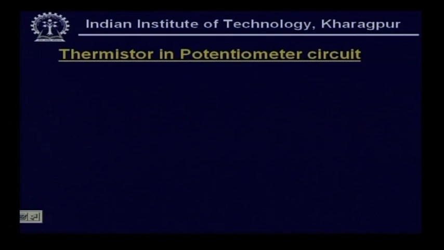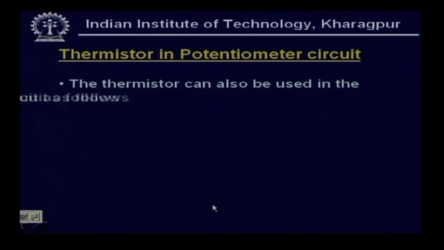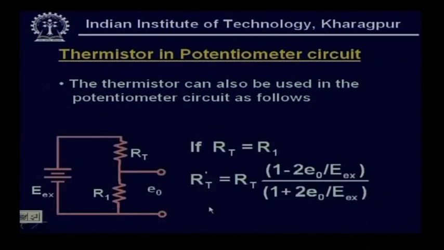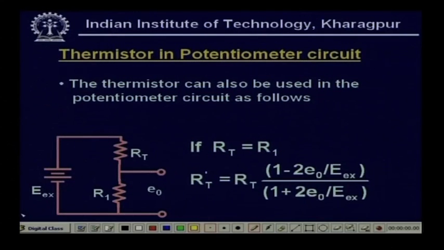Now, a thermistor also can be used in a potentiometer circuit, right. There are various potentiometer circuits. You see, this is one of the thermistors used in a potentiometer circuit. This is the thermistor R T and R 1.